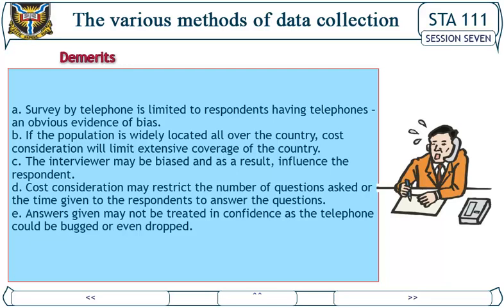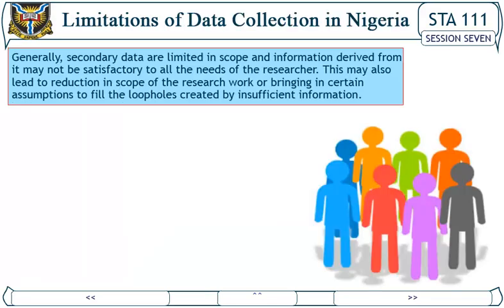C. The interviewer may be biased and as a result influence the respondent. D. Cost considerations may restrict the number of questions asked or the time given to the respondent to answer the questions. E. Answers given may not be treated in confidence, as the telephone could be bugged or even dropped.